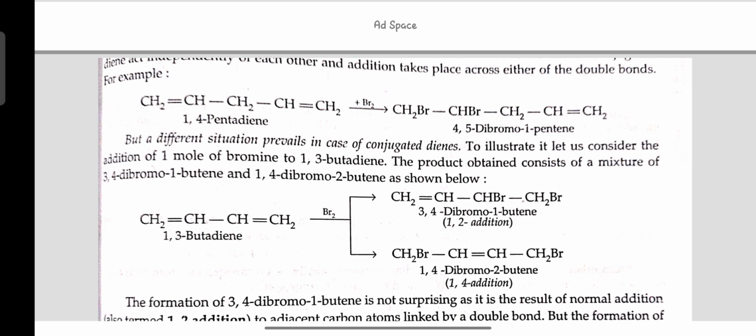But a different situation prevails in case of conjugated dienes. To illustrate it, let us consider the addition of 1 mole of bromine to 1,3-butadiene. The product obtained consists of a mixture of 3,4-dibromo-1-butene and 1,4-dibromo-2-butene as shown below.